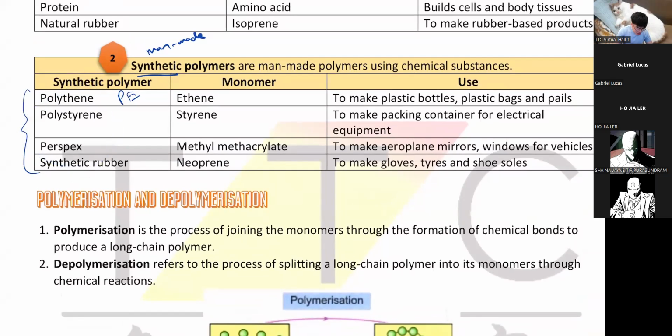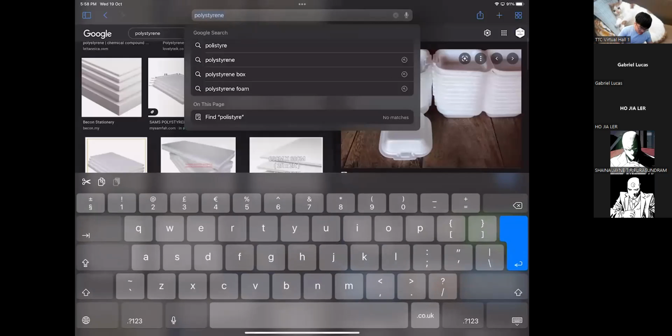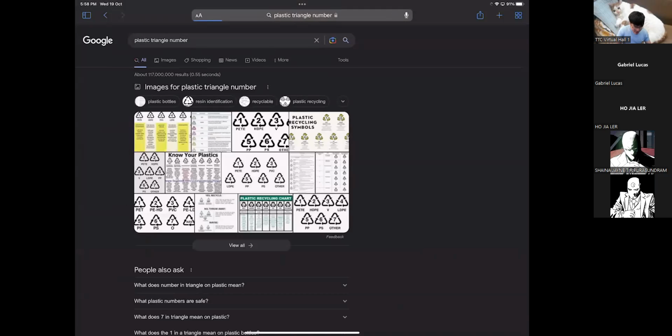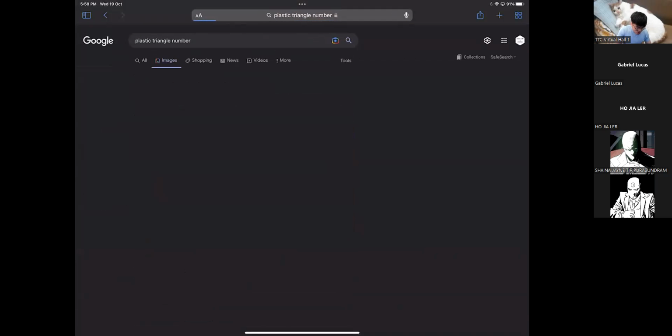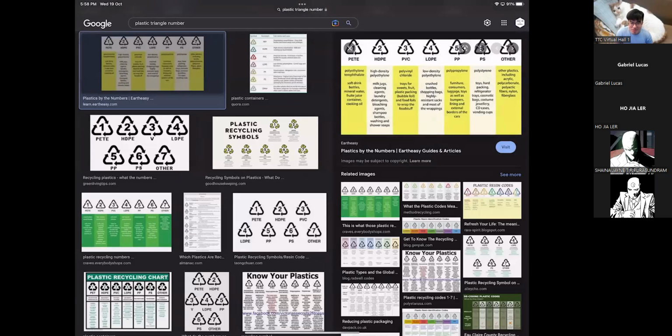Of course, these are just a few. Do you know there are many types of plastic? You have your plastic triangle, right? You go to your water bottle, you look at this, you should know. Plastic has many types, and they have different ways to recycle.